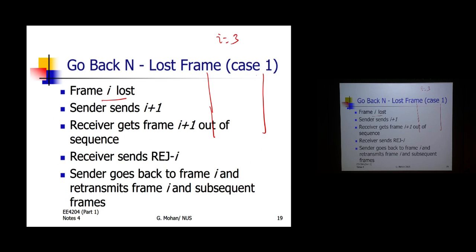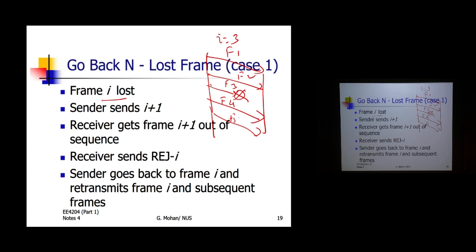Frame 3 is not received at all, then frame 4, frame 5, etc. Frame 1 is received, frame 2 is received, but frame 3 is lost.